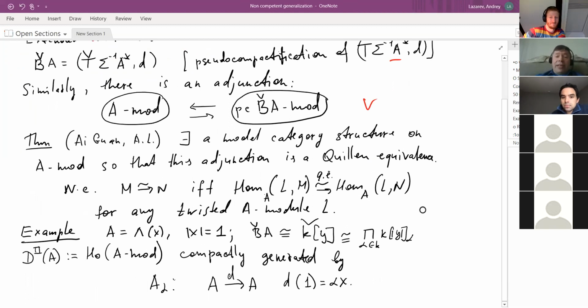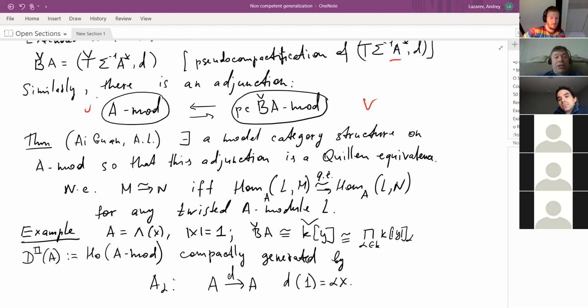There is a model category structure on the left-hand side this time, okay? Remember that we already have a model structure on the right-hand side. It's already exotic. On the left-hand side, it will also be exotic, even though A is just an ordinary algebra, okay? So in some sense, it's more exotic than other exotic categories, okay? So there's a model category structure on the left-hand side so that this adjunction is an equivalence.